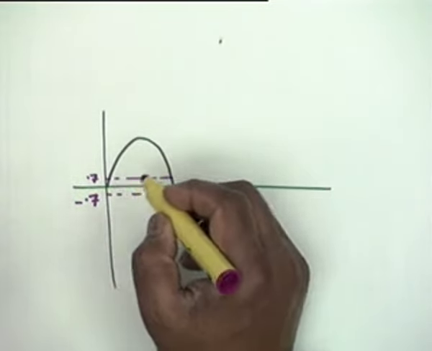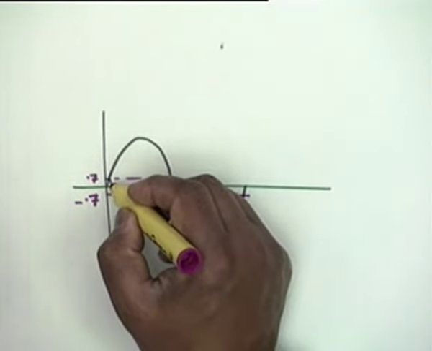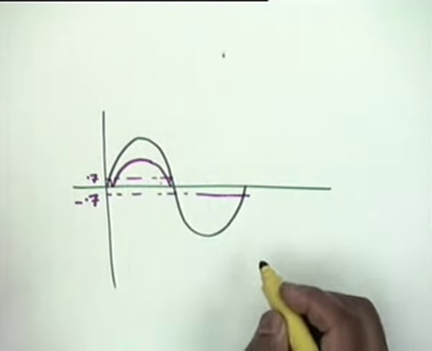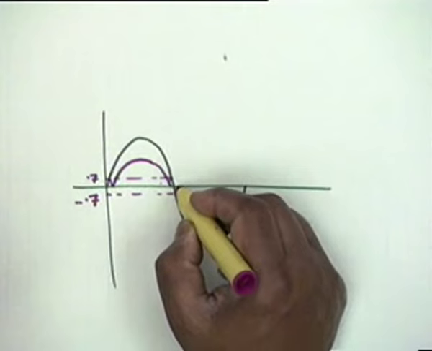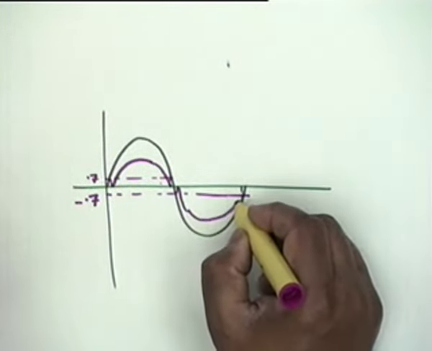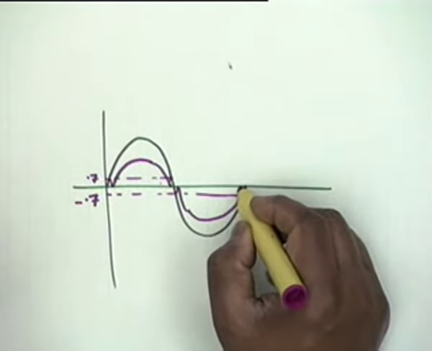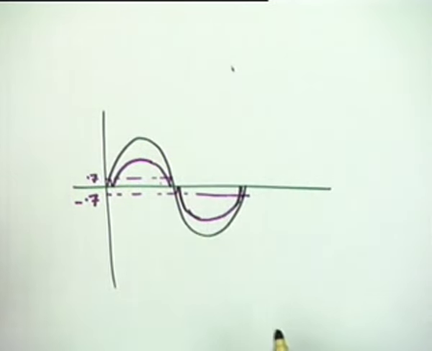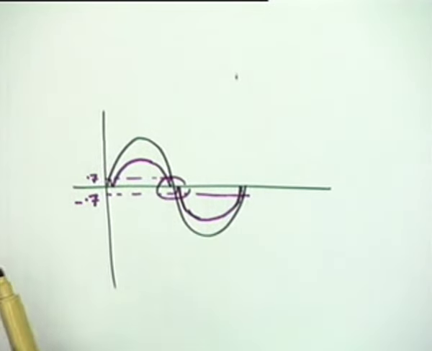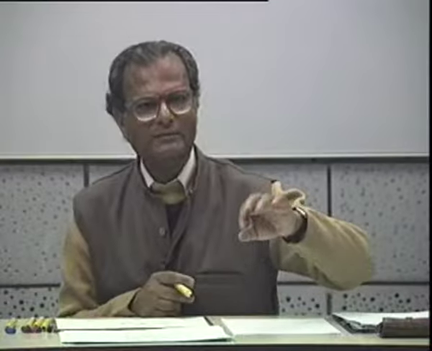The output current shall flow only from here to here and from here to here. At this crossover region, when the input voltage crosses from positive to negative, no current flows.